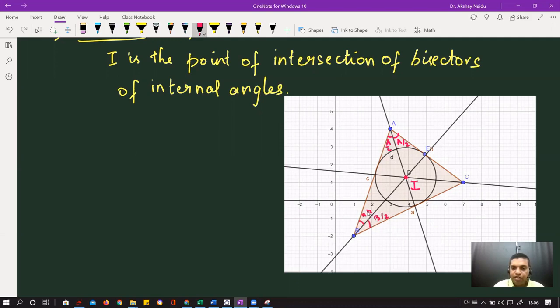There are many geometrical properties. We are studying coordinate geometry, right? So all the results of plane geometry come into picture here. So what are the coordinates of the incenter?